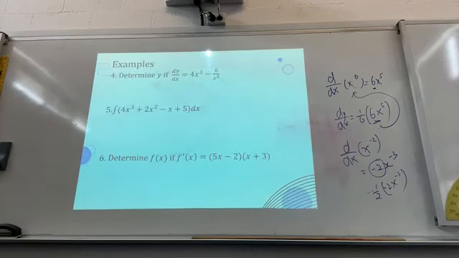So, what would I do with number 4? I'm going to rewrite, instead of 6 over x squared, I will rewrite it as 6x to the power of minus 2, so that I have a power function. I use a power function. It makes life just that bit easier.